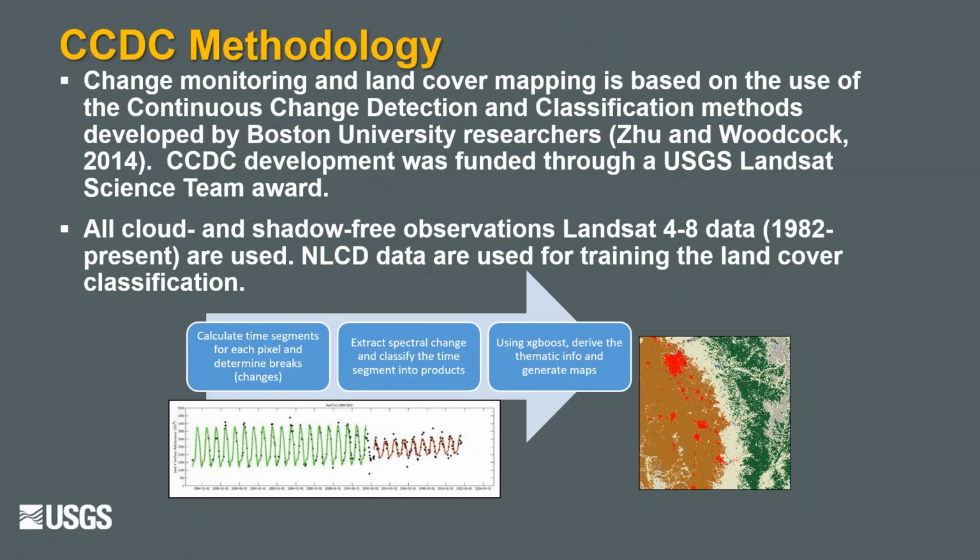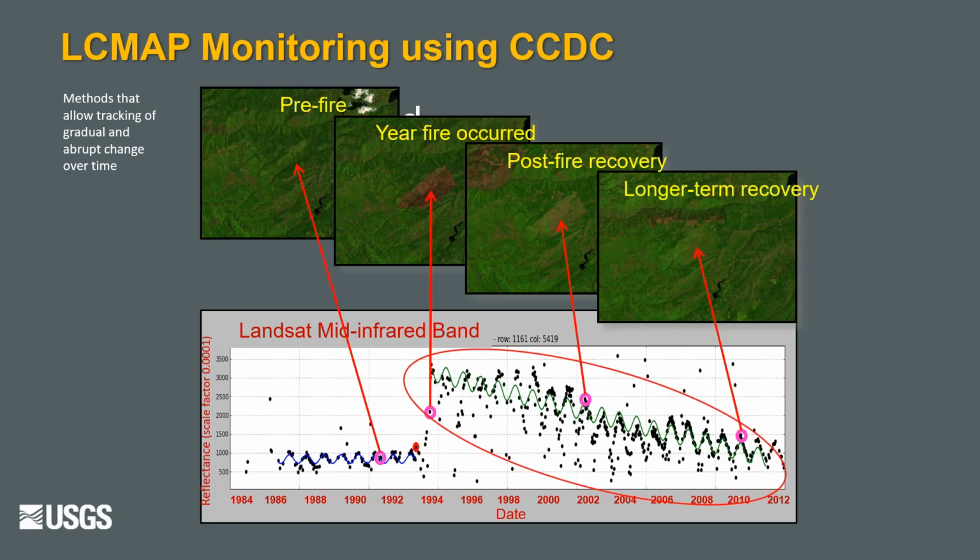So our methodology, we take this information, those models. The black dots represent the full gamut of what we're getting over those pixels. And the green line and the blue line represent some really nice, more informative data to help us identify change and cover.